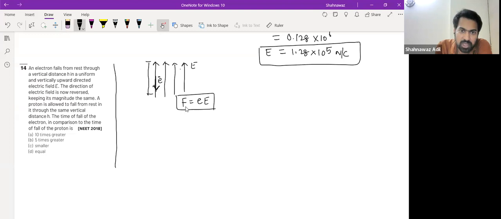Now the direction of the electric field is reversed. And now a proton is falling from this height. So the direction of the force would be this, right? Let's say this is F electron, and F proton would be how much?